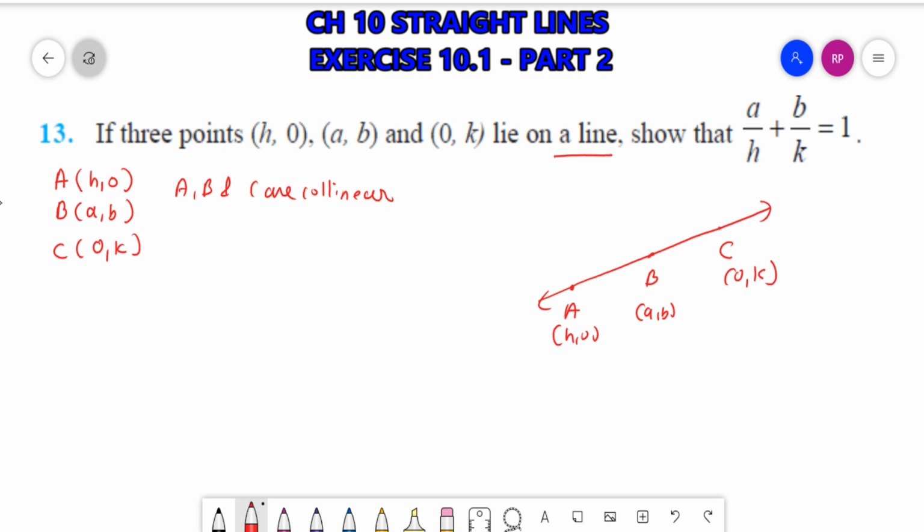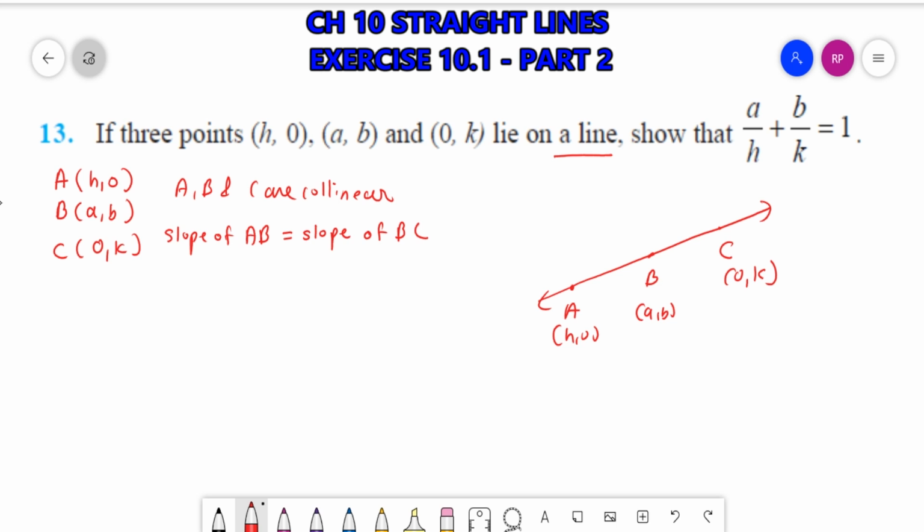So let's start with slope of AB will be equal to slope of BC, because all these 3 points are collinear. Now what is the formula for slope? y2 minus y1 upon x2 minus x1.